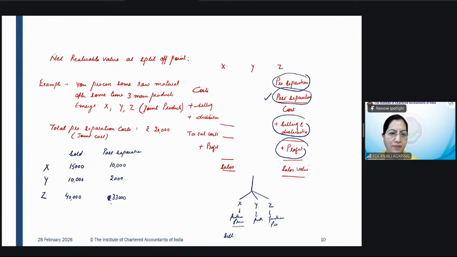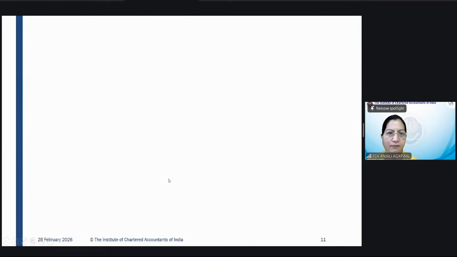So these are the post-separation expenses given. We don't have any information on profit. We don't have any information on selling and distribution expenses. So how are we going to allocate the 20,000 to X, Y, and Z?